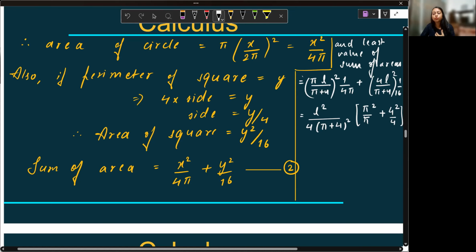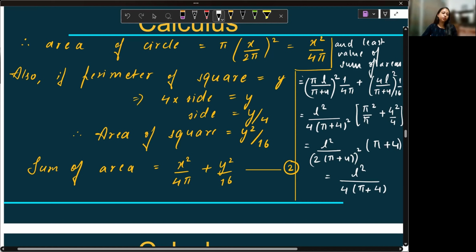So that is equals to L square. I can write this as 2 pi by 4 whole square, and this is pi plus 4. Okay, so that is cancelled, right? So this will be L square by 4, 5 plus 4. Okay, so this is the least value.